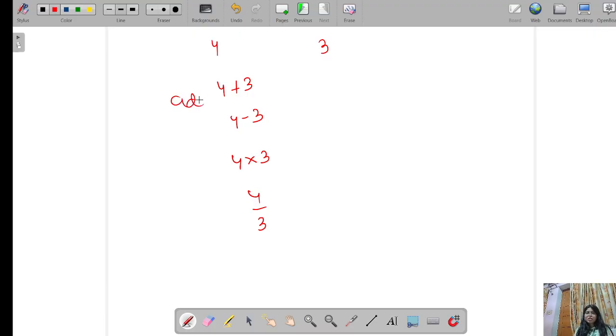Addition, subtraction, multiplication, division, I have always come across these. Now I can do the same in complex numbers as well.